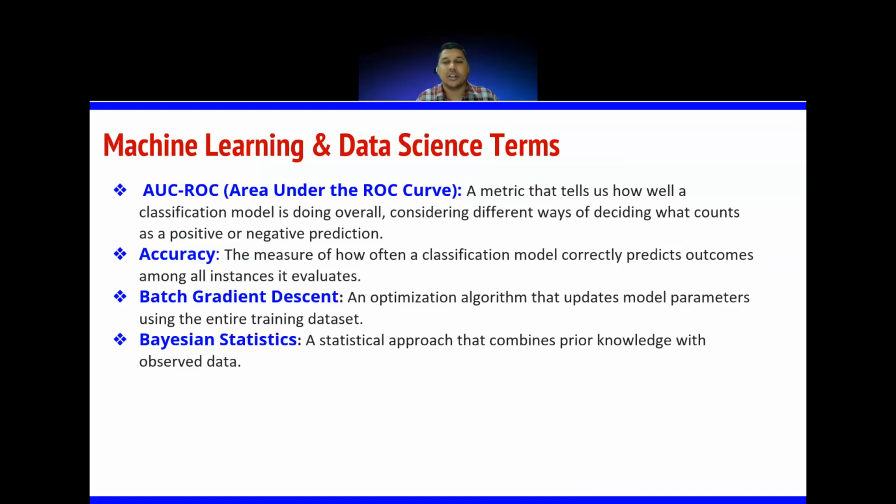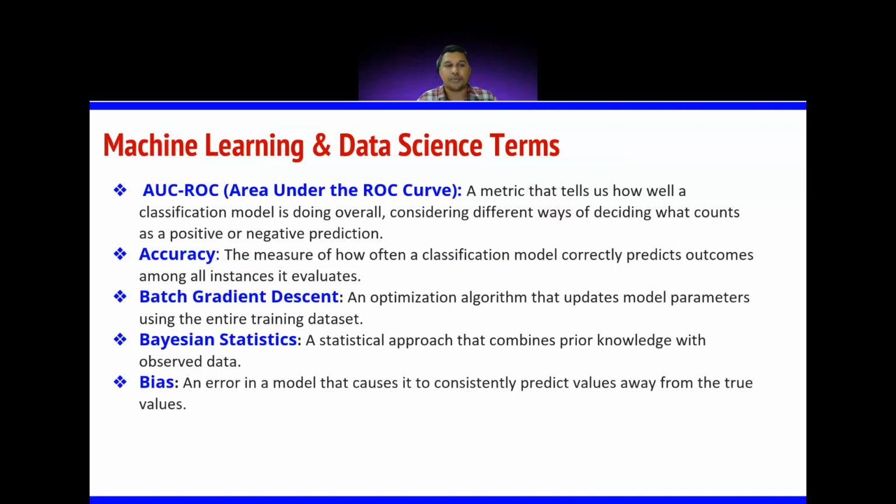Bayesian statistics is a statistical approach that combines prior knowledge. We have also seen the naive Bayes algorithm, which combines prior knowledge and tries to give us the output. Bias. What is bias? This term b in the regression equation y equal to wx plus b is called bias.